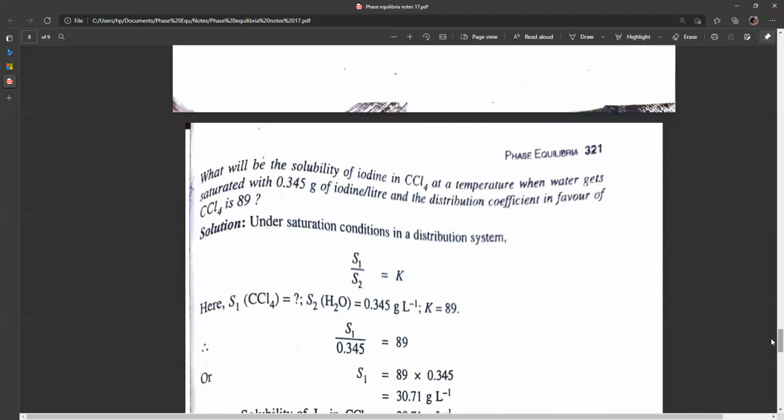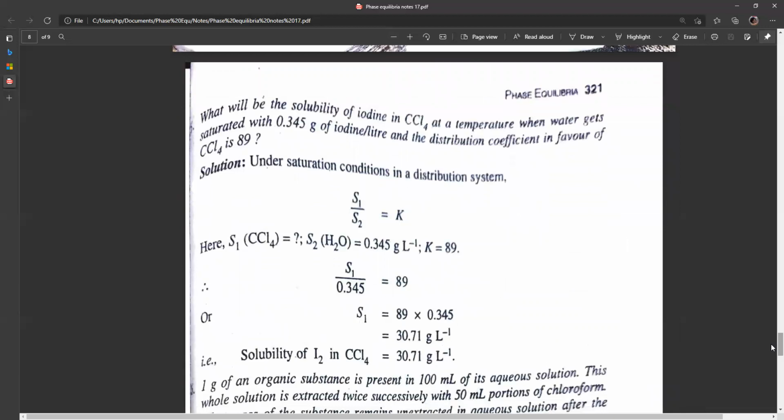Next, a problem to determine the solubility of iodine in carbon tetrachloride. In a saturated solution, water is saturated with 0.345 gram of iodine per liter, and the distribution coefficient in favor of carbon tetrachloride is given, it is 89.